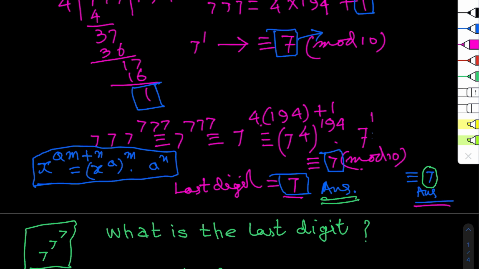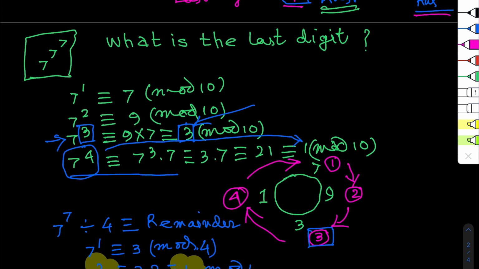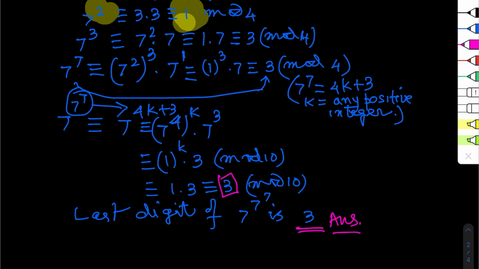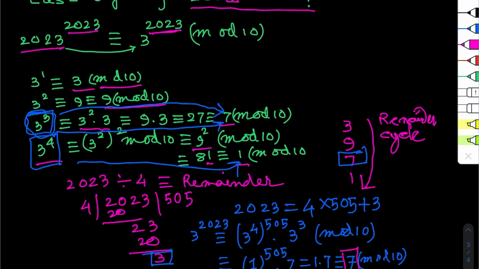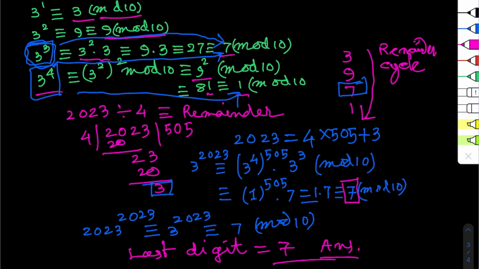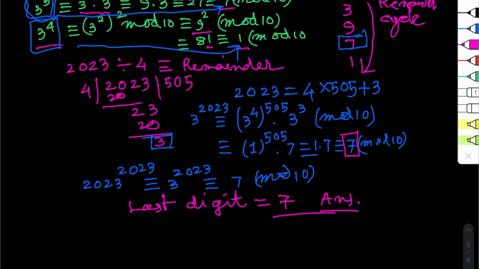Then the number 7 to the power 7 to the power 7, we have also found it; the answer is 3. And next, 2023 to the power 2023: the answer is 7. So for all these 3 types of numbers we have found the last digit. The technique is very simple but very interesting.